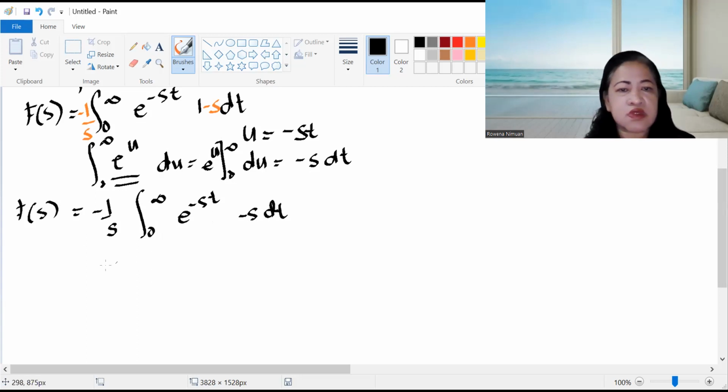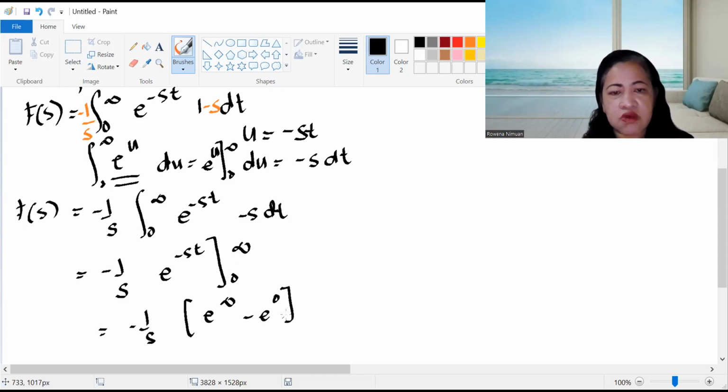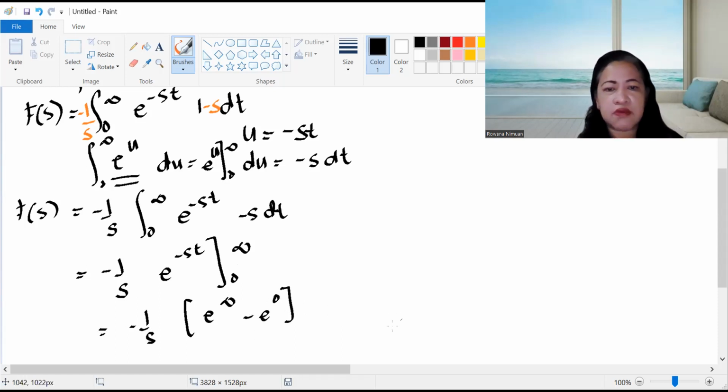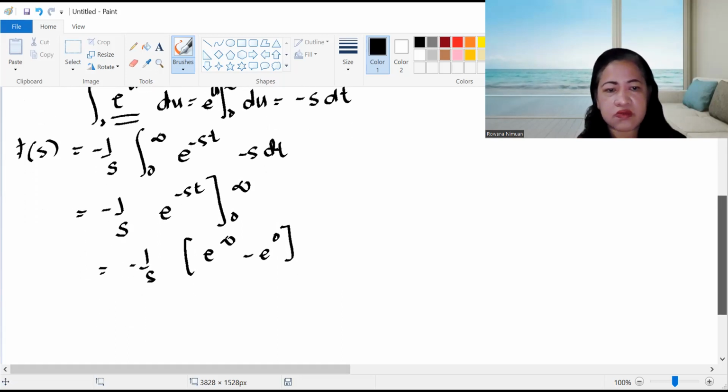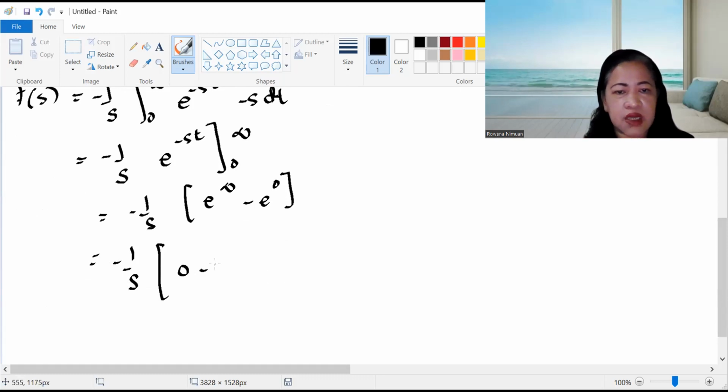So that will become negative 1 over s, e to the negative st from 0 to infinity. That is negative 1 over s, e to the infinity minus e to the 0. So that will become negative 1 over s, times e to the infinity which is 0, minus 1.